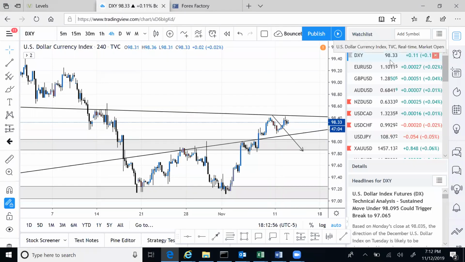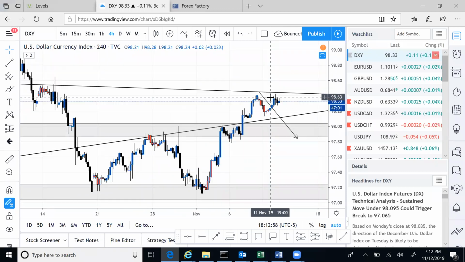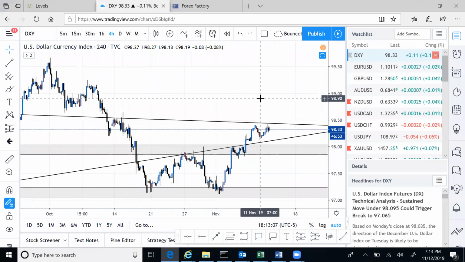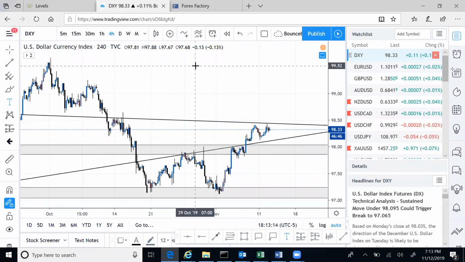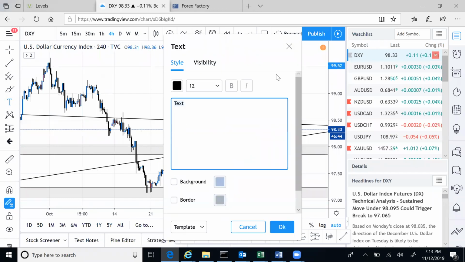Good. Once you've checked the news, you can come and do some analysis on the DXY, because you should know that the DXY tends to tell you what's going to happen with the US dollar today. So the way the DXY works: if the DXY sells, it means that anything XXX USD buys.